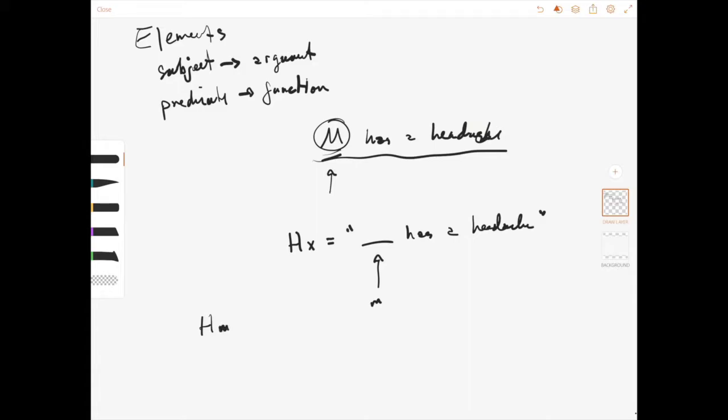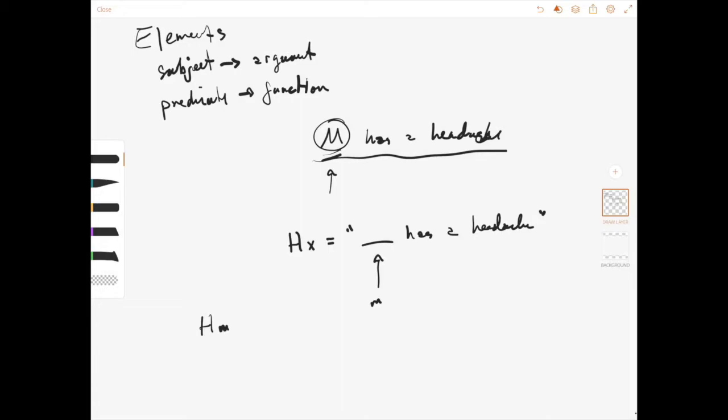Now, analyzing propositions in this way into subjects and predicates allows us to represent some internal structure inside propositions, while at the same time we take advantage of the operators from propositional calculus. So let me illustrate that.